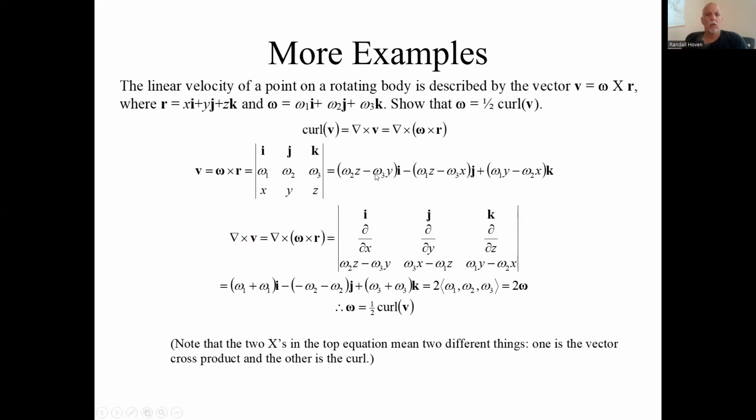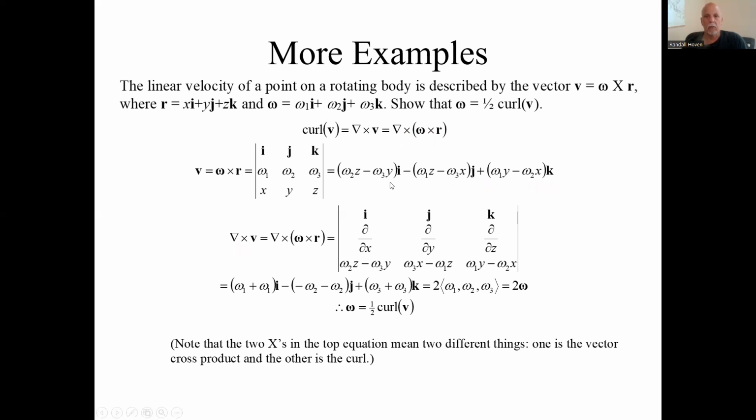Now we're taking the curl of this thing up here. Now that means curl, not a cross product. Two different meanings of that x. This is a cross product. This is a curl.